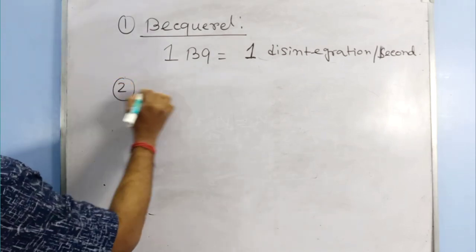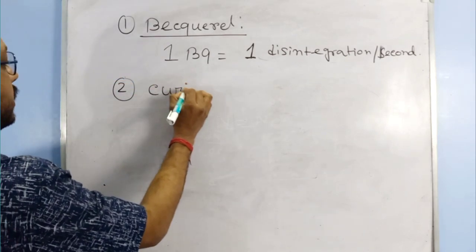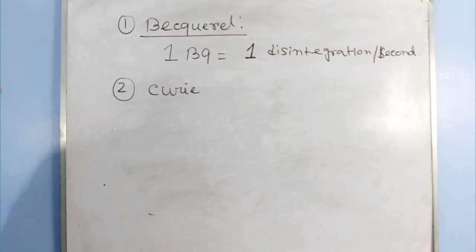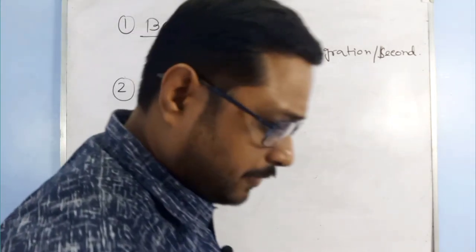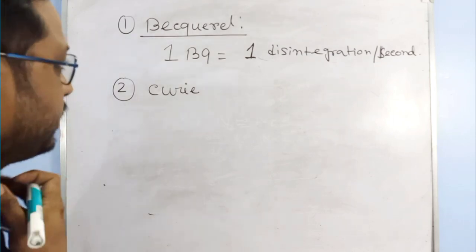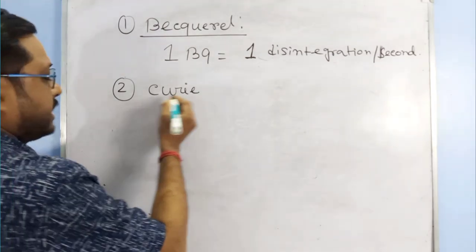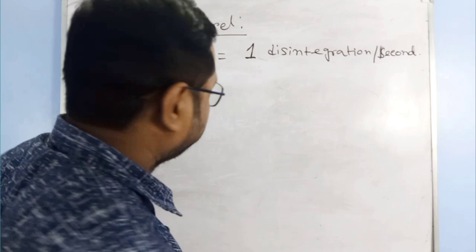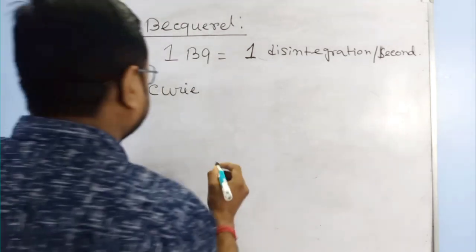Number 2 is Curie, named after Madame Curie, who was the discoverer of the radioactive substances polonium and radium. We covered this in the radioactivity chapter in my previous video.